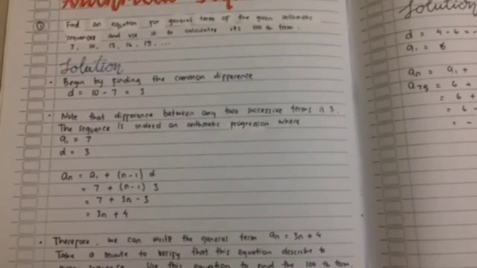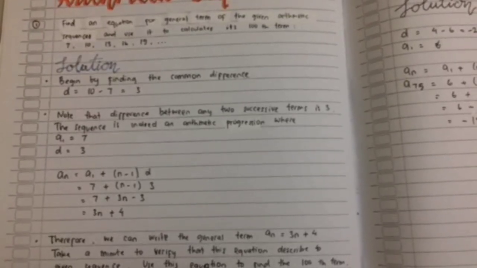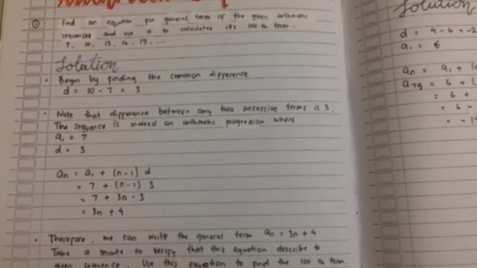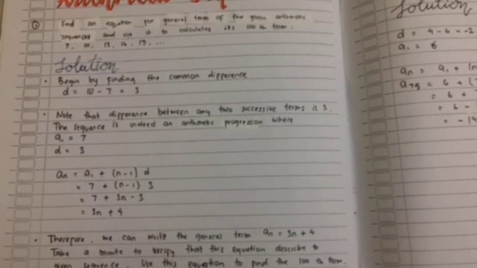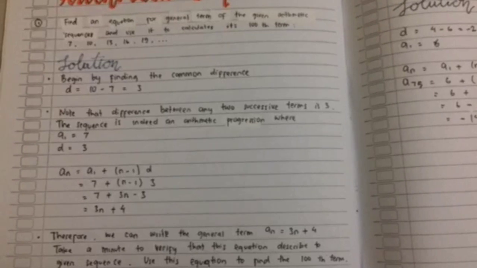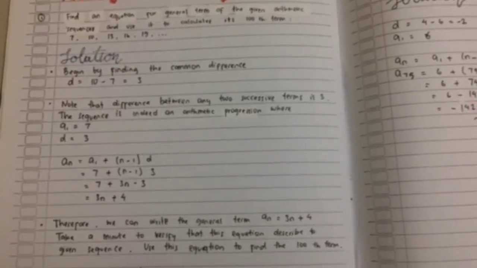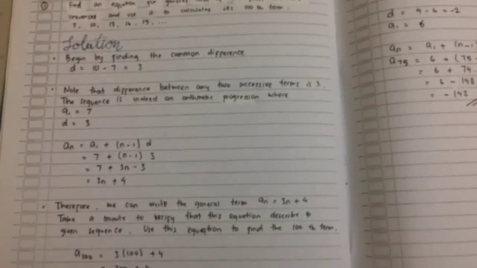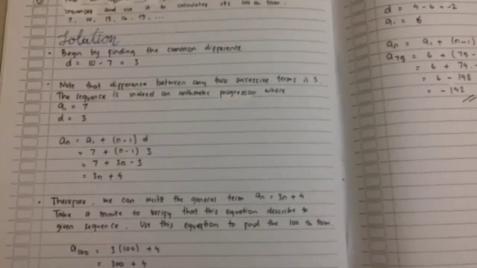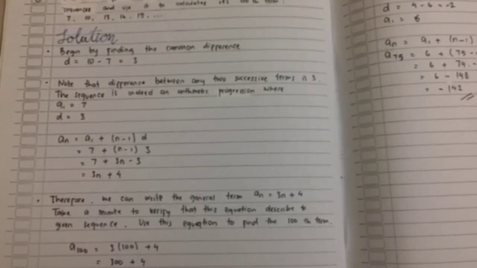a sub n equals a sub 1 plus n minus 1 times d equals 7 plus n minus 1 times 3 equals 7 plus 3 n minus 3 equals 3 n plus 4. Therefore, we can write the general term a sub n equals 3 n plus 4.